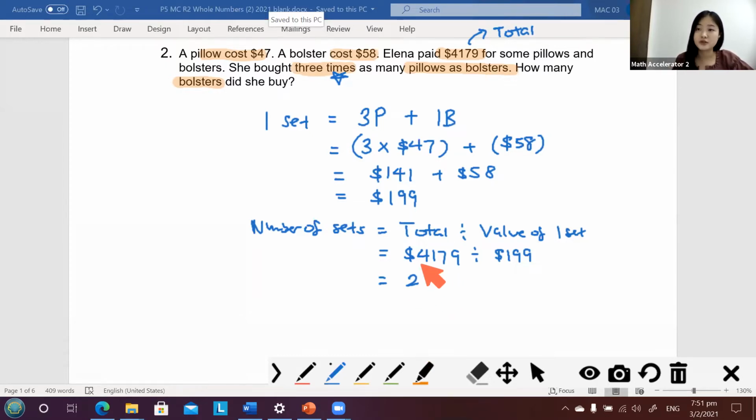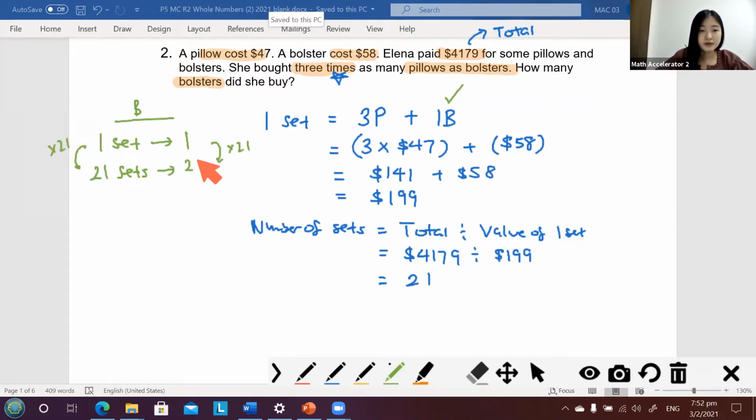So we want the bolsters. We can do a small working for the bolsters. In one set, we go back to the working that we did, we have 1 bolster. But we found out inside the 4179, there are 21 sets. So if one set has 1, and you have 21 sets in total, you would multiply by 21.